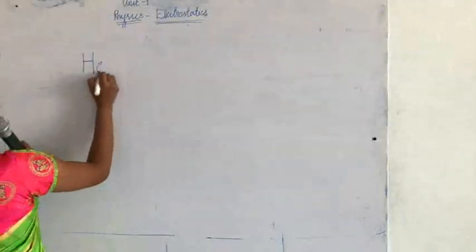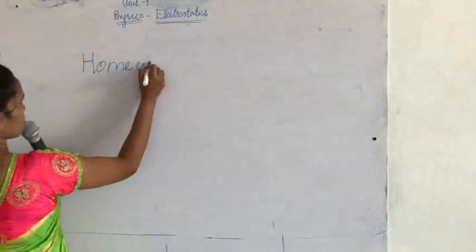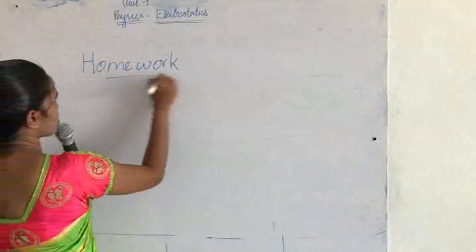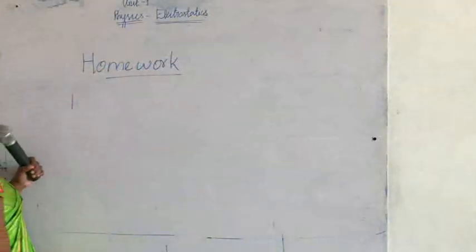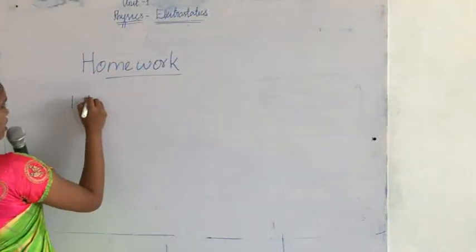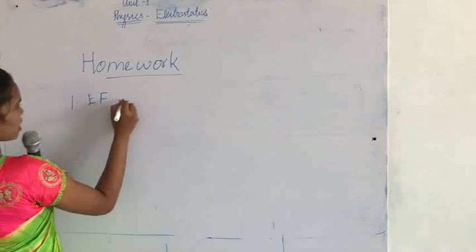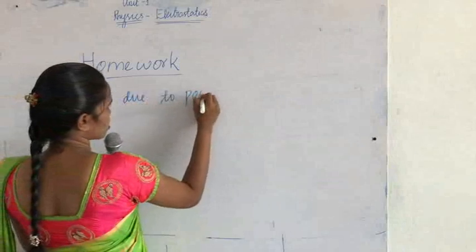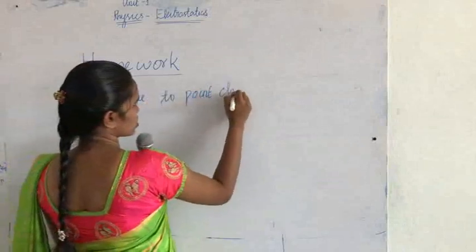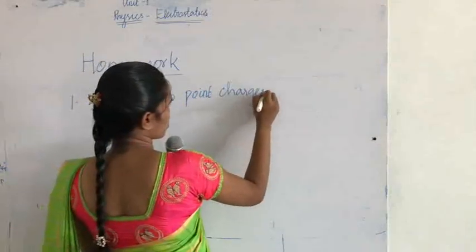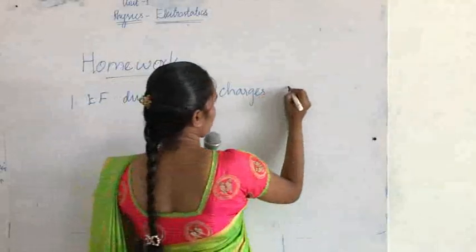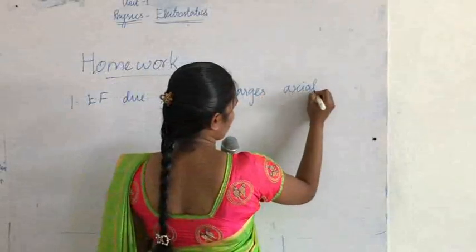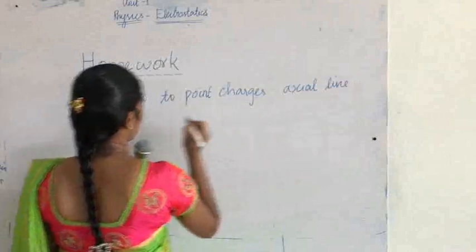Now it's time for your homework. The first derivation: electric field due to point charges, case 1, which is the axial line.